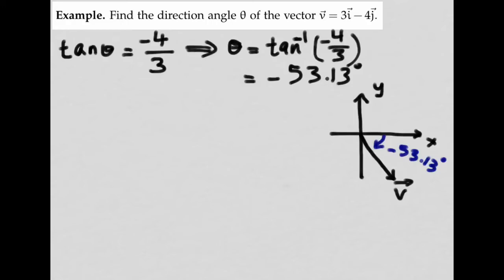So really, the direction angle of v is not minus 53.13, but rather it is this angle here, which is coterminal to minus 53.13. What I illustrated in red is the coterminal angle. How do we obtain this angle? We simply take minus 53.13 and add 360 degrees to it.